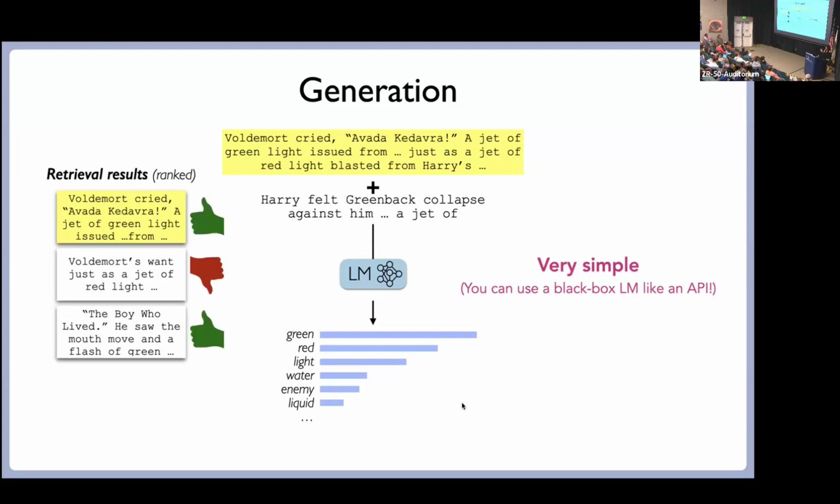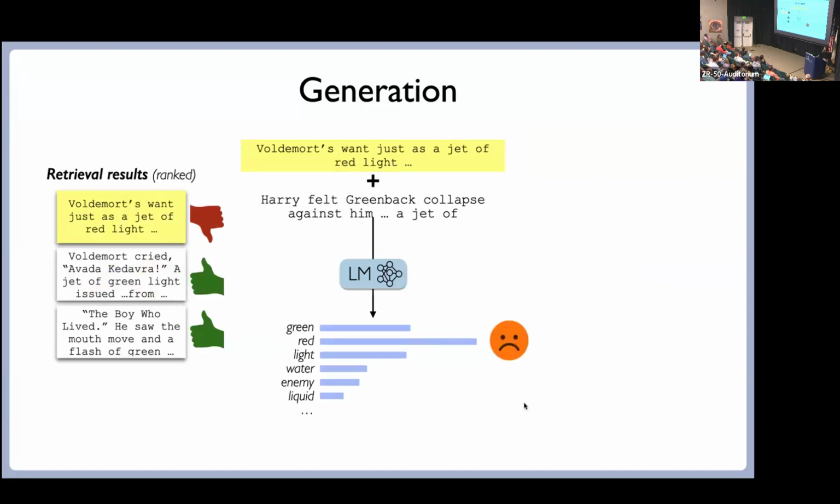And this works surprisingly well, especially if the retrieval result is good. So for instance, if the top ranked passage is indeed the right passage that is relevant to the test input, this works very well. The problem though is that retrieval is often very challenging and it's often making errors. So for instance, it is often the case that the top result is not the right passage, although the second or the third one can be the right passage.